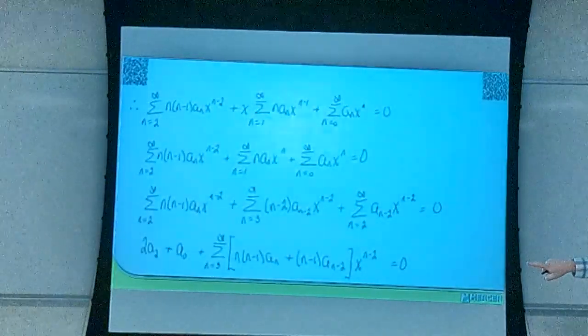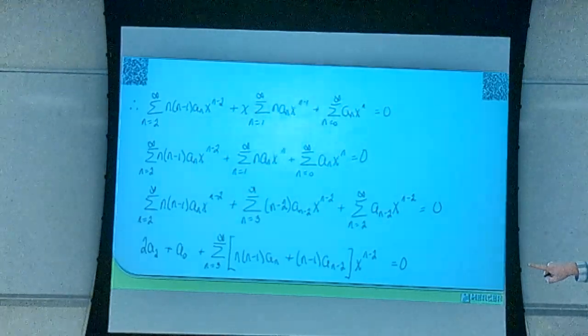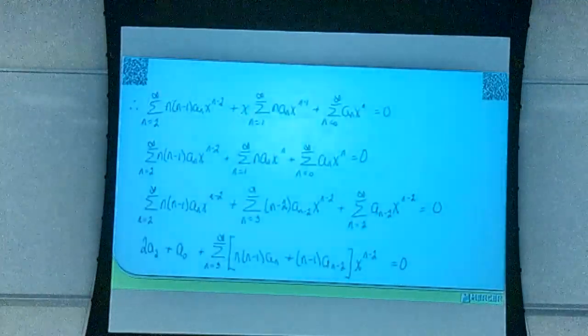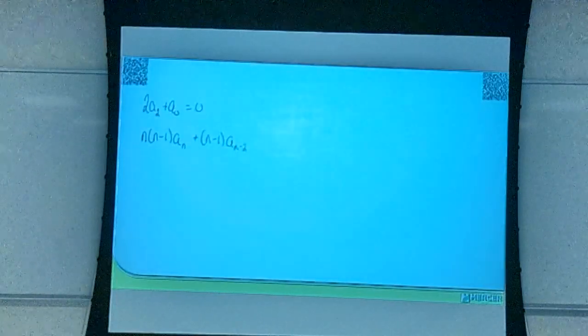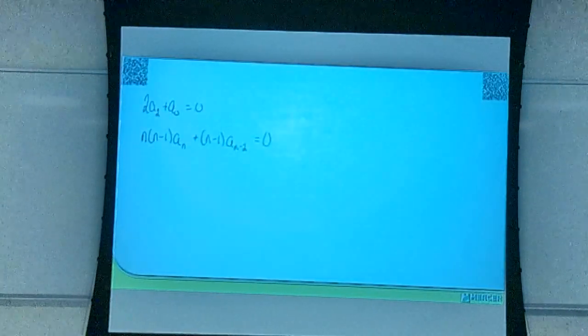And then finally, the recurrence relation. Is that a sub n? Yes. It's a n minus 2. That has to equal 0.